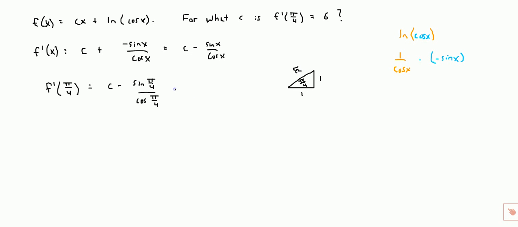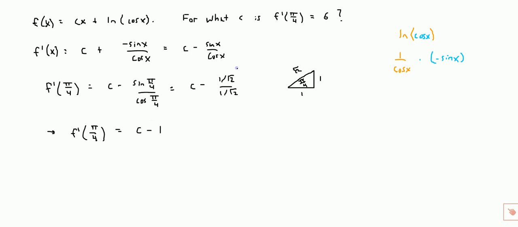So this is going to be c minus 1 over root 2 over 1 over root 2, right? Sine and cosine are equal at pi over 4. And this is going to cancel to 1, right? So f prime of pi over 4 is equal to c minus 1.